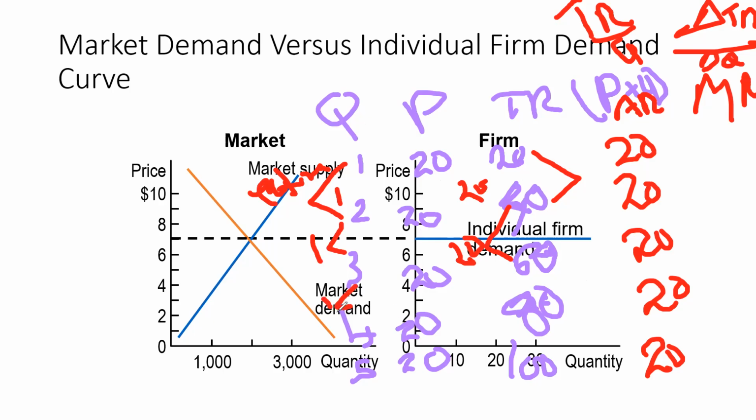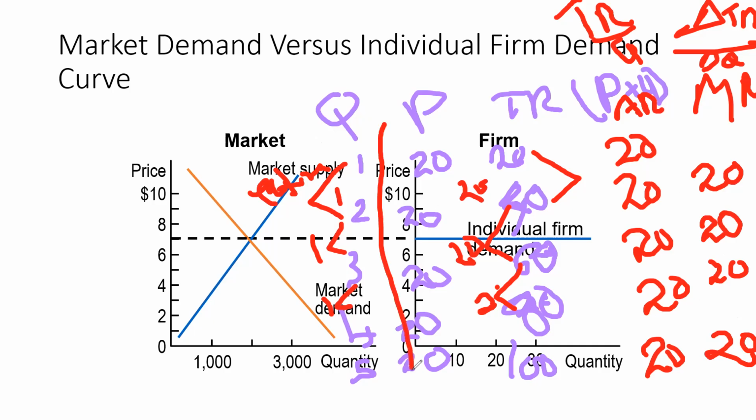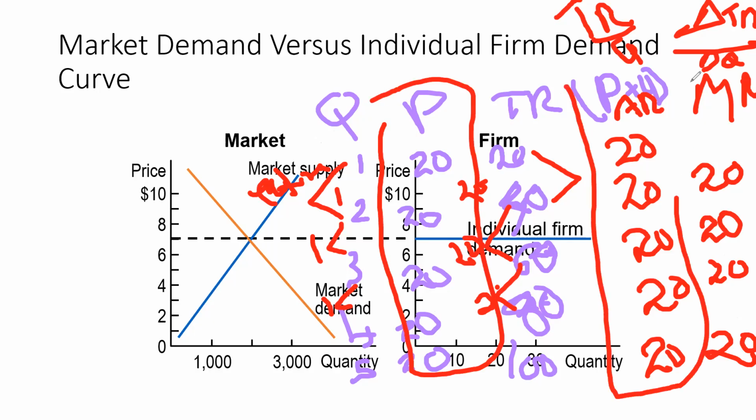So the marginal revenue is exactly 20. By looking at this table we can conclude that the price equals 20, the AR also equals 20, and the marginal revenue also equals 20.